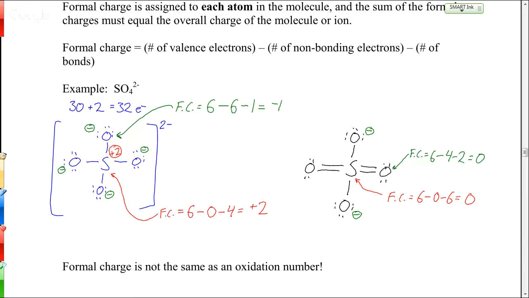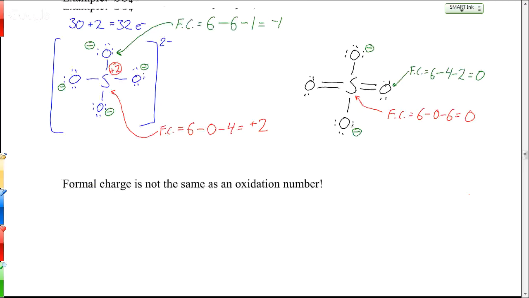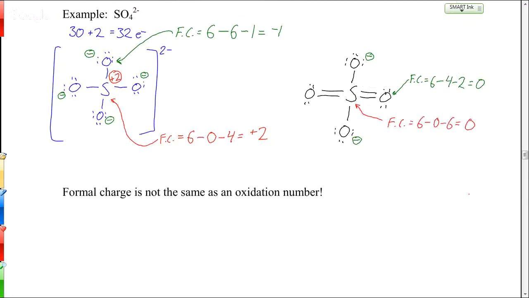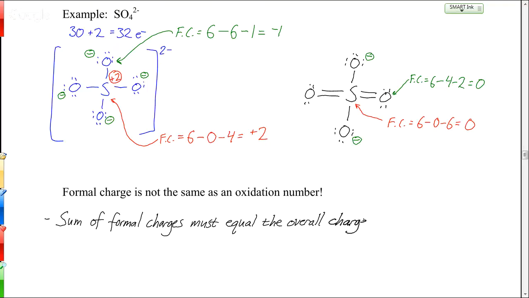Now, we can't get rid of the formal charge entirely, because one of the rules of formal charge, I'll just write it down here, is that the sum of the formal charges must equal the overall charge.